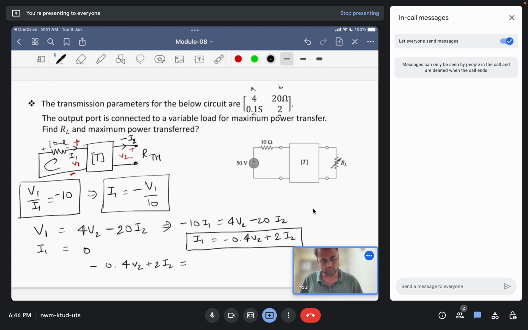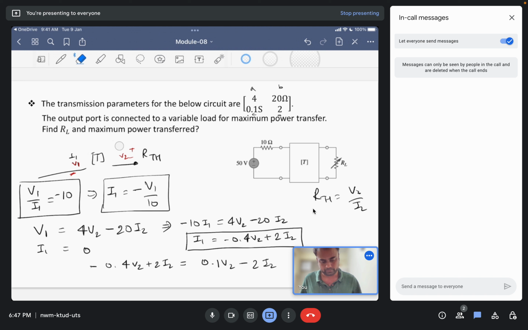So I1 is C times, that is 0.1 times V2, and minus, our minus sign has to be there, D times I2. So we have V2 and I2. RTH is V2 by I2. So we can now simplify this and calculate RTH. Let us do this.